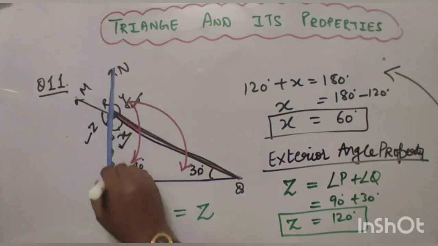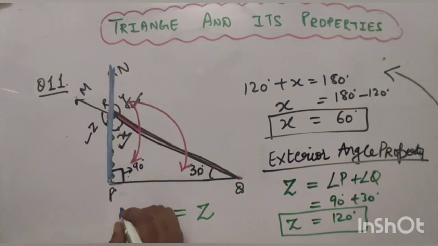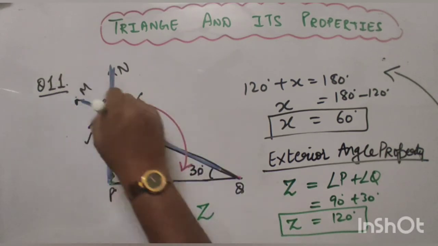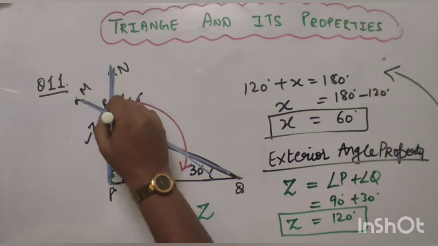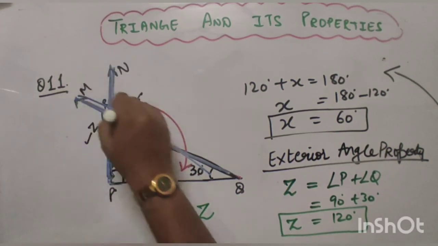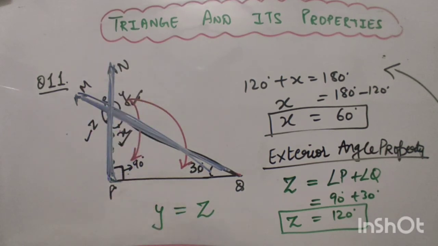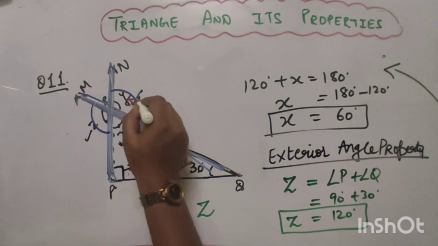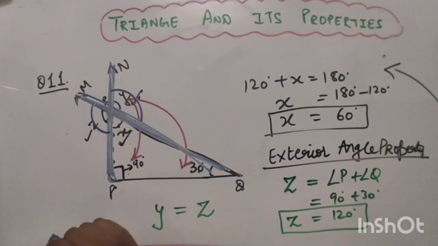These two sides of a triangle, which are extended till N and till M, you can see these two are intersecting rays, right? And here you can see that this angle and this angle are opposite to each other, and they are of intersecting lines. Which concept do we use when two lines are intersecting each other and the angles are opposite to each other?